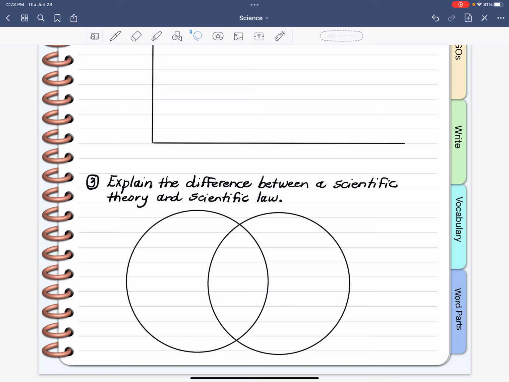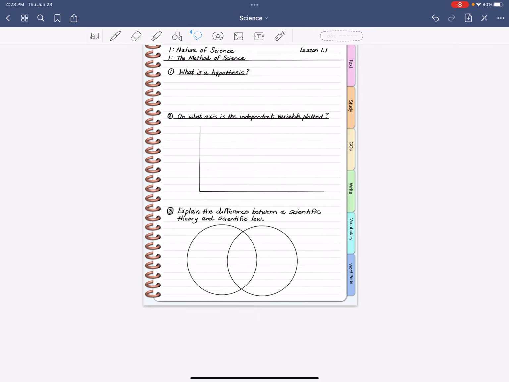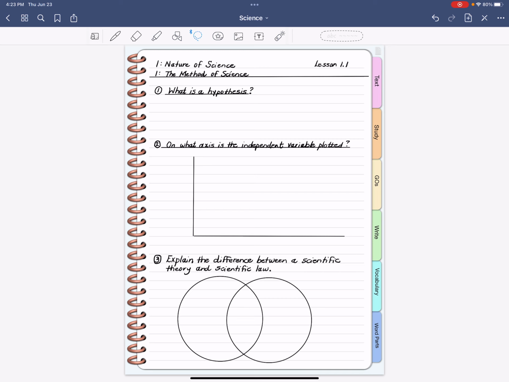And I know when I see the word difference that this diagram is going to help me. So, in the course of the rest of our lesson, we want to be able to come back to these questions and answer them without a lot of trouble. We may have to think about it, but we'll come back to these. These are the study questions for lesson 1.1.